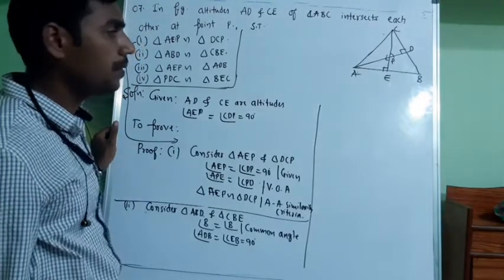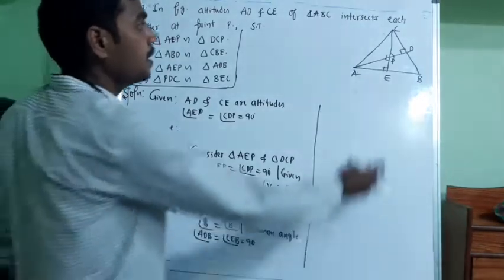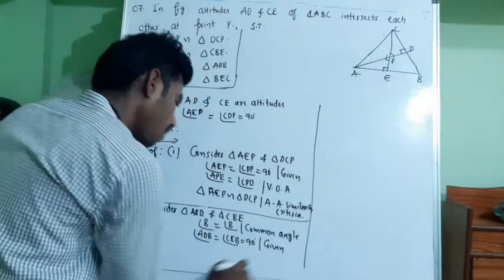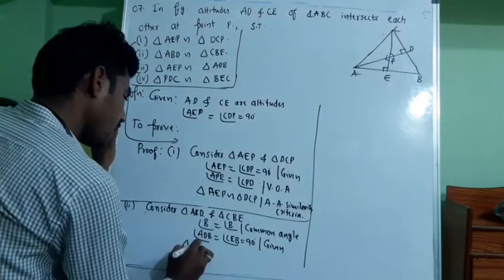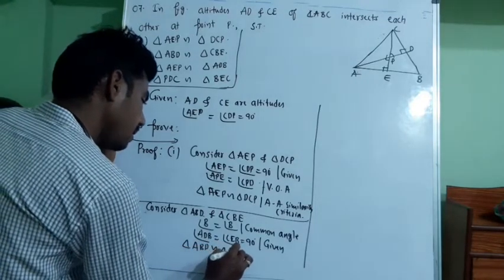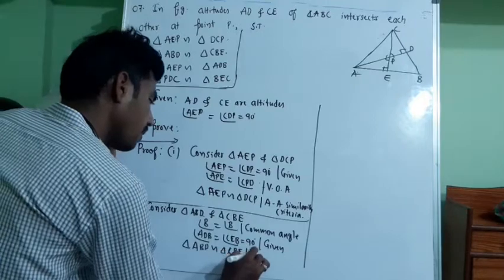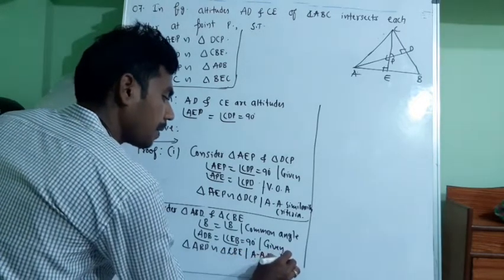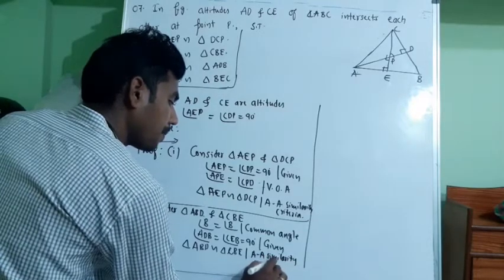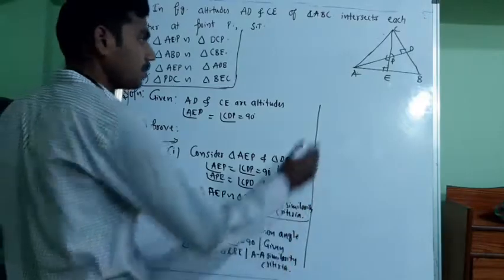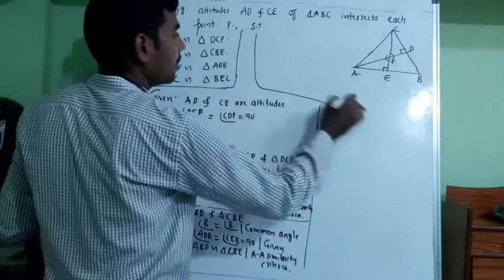Since it is an altitude, that will obviously be 90 degrees. So this is also given. So triangle ABD is similar to triangle CBE because of AA similarity criteria. Understood?